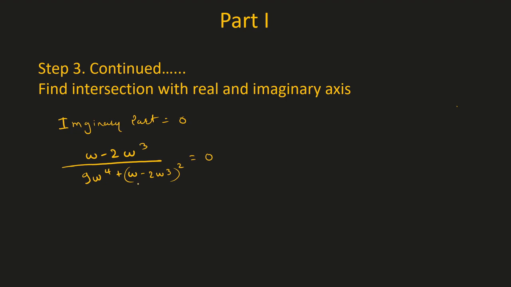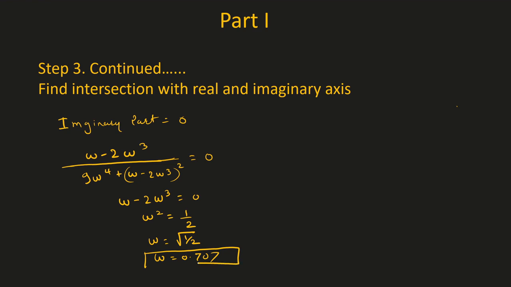If we put this term equal to 0, this denominator will go to the right hand side and become 0, and we will get omega minus 2 omega cube equal to 0, that is 1 by omega square will be equal to 1 by 2, and therefore omega is equal to square root of 1 by 2. And we know square root of 1 by 2 is nothing but 0.707.